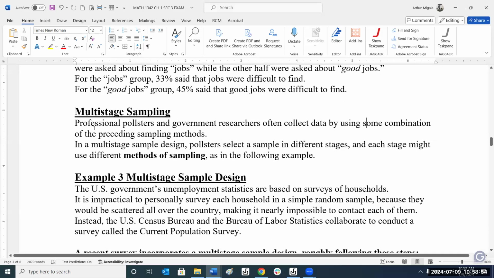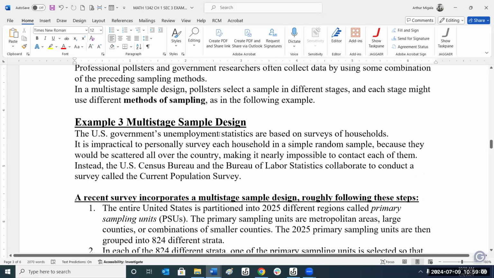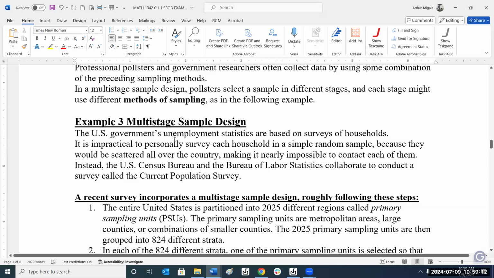Multi-stage sampling. Professional pollsters and government researchers often collect data by using some combination of the preceding sampling methods. They do that just to get a wider range of accurate measurements. Example: the U.S. government's unemployment statistics are based on surveys of households, and it is impractical to personally survey each household in a simple random sample because they would be scattered all over the country, making it nearly impossible.